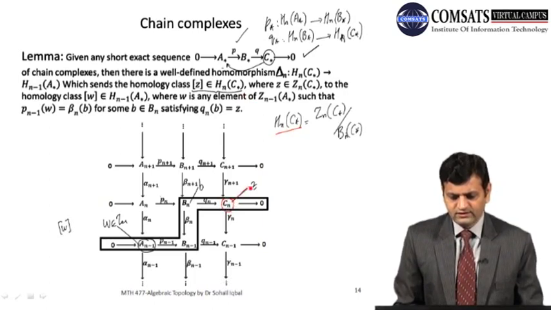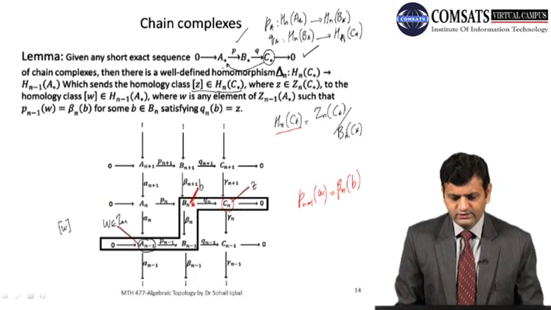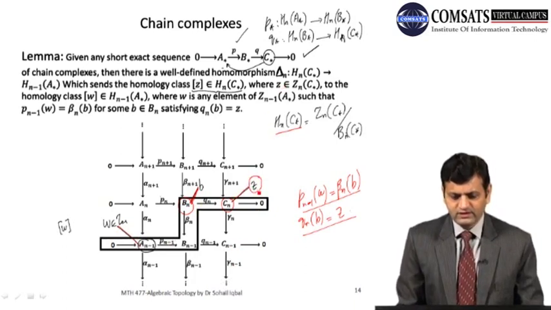Given this Z, the image of delta n is this W, such that Pn minus 1 of W is equal to the boundary of B, where B is an element of Bn, such that Qn of B is equal to Z. That's how we find the image under delta n of this element Z. So the image is W satisfying these conditions.